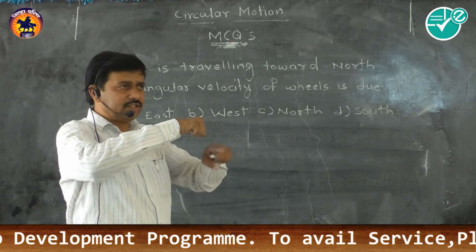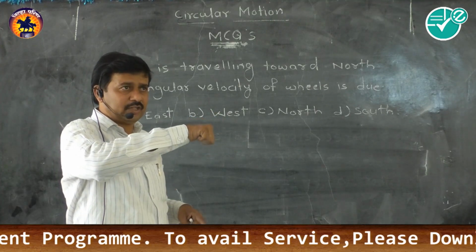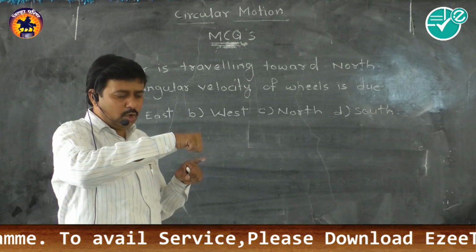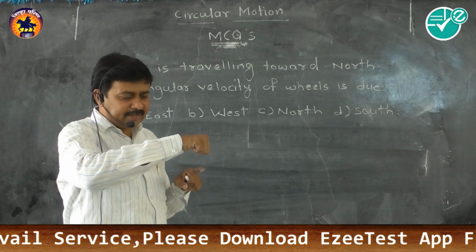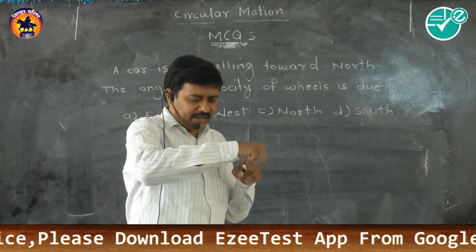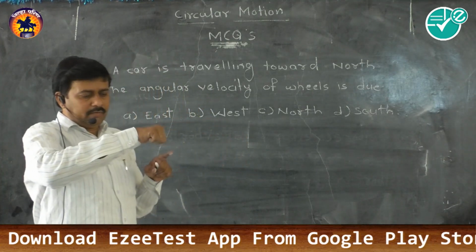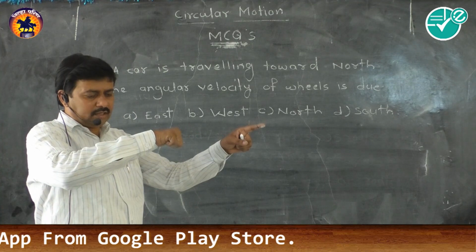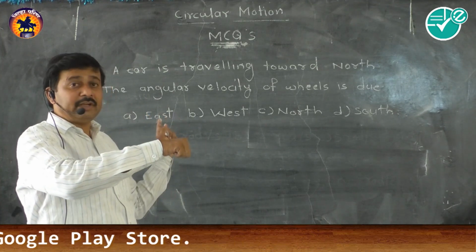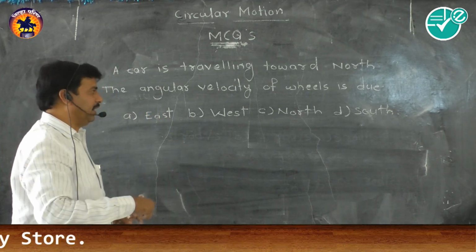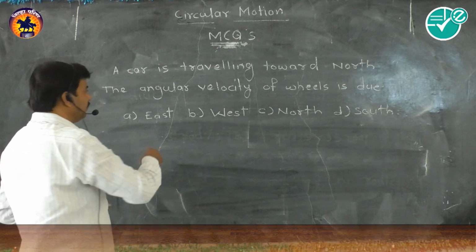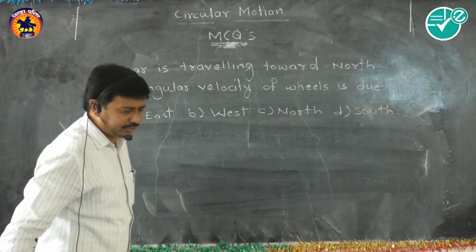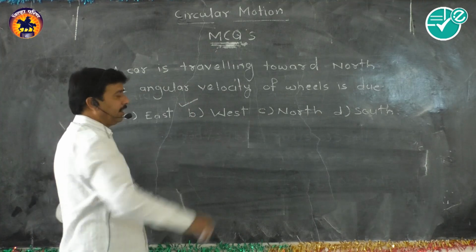I will fold the fingers of my right hand in that direction with outstretched thumb, which will be indicating the direction of that angular velocity. So this is north, this is south, so it will be the east and west direction. So it will be the west direction. So option B is the correct one.